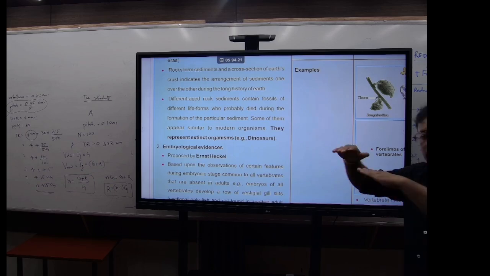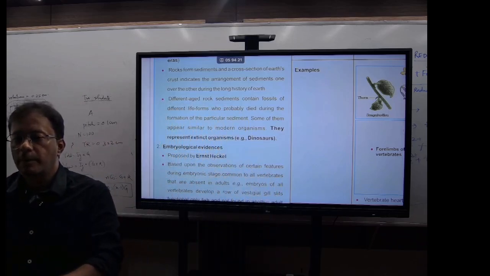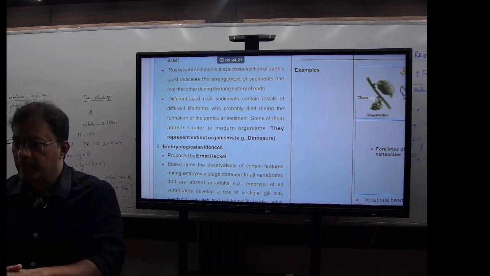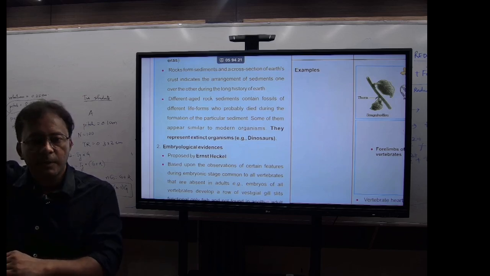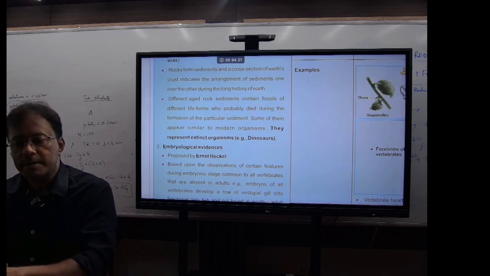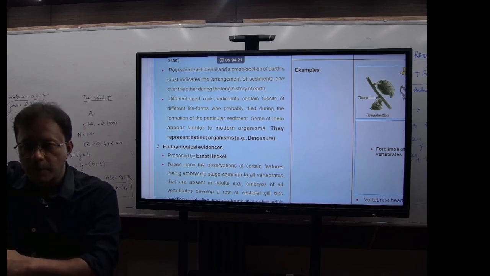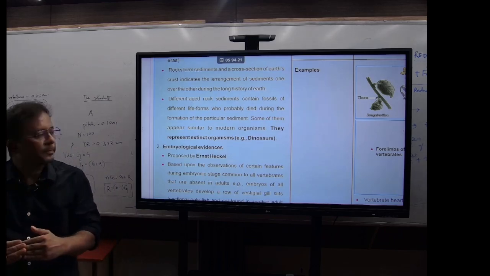Let's say the deepest layer may contain, for example, insect-like animals, and the layers above it may contain dinosaurs, which means there was evolution from simple life forms to complex life forms. Get my point here, right? So this is how evolution has taken place.